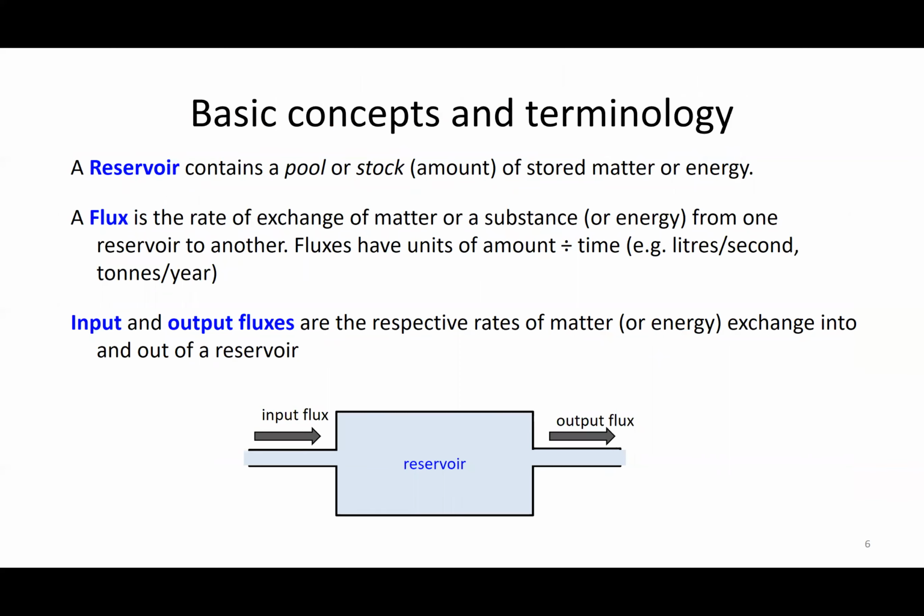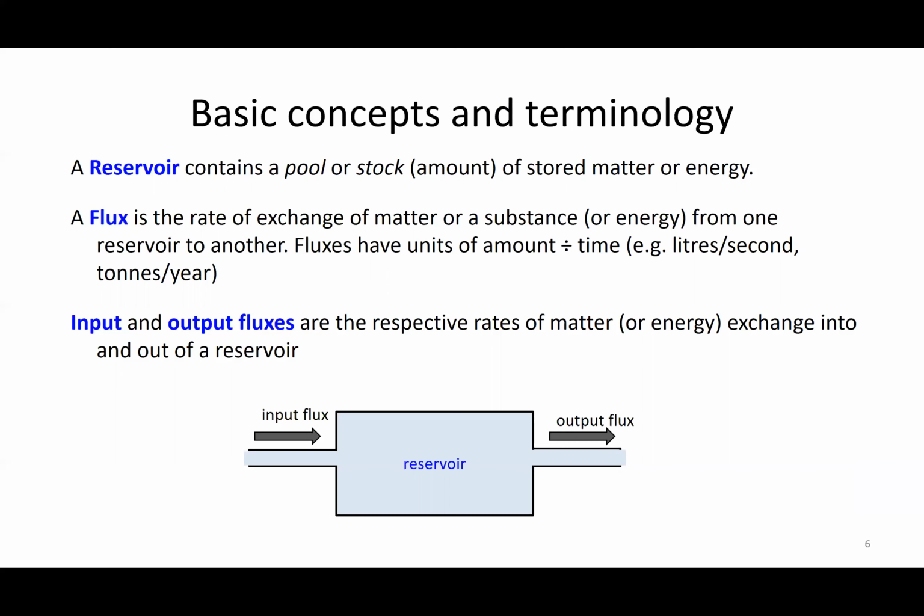Before we move on to take a look at the hydrological cycle, let's get some basic concepts and terminology. A reservoir, like the ocean, contains a pool or stock, an amount of stored matter. In the case of the ocean, that's water or energy. A flux is the rate of exchange of matter or substance from one reservoir to another.